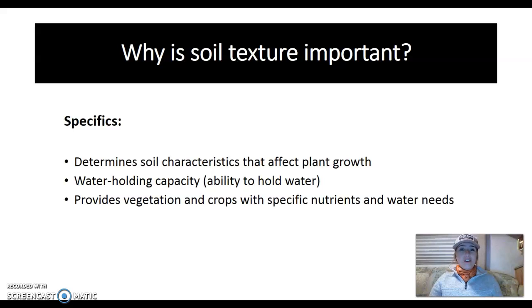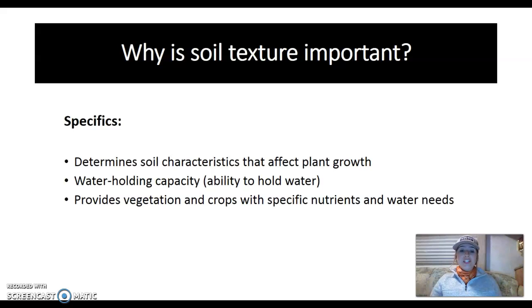Okay, so based off of everyone's responses, there were 3 specific responses that came up several times. So the reason why soil texture is important is it determines soil characteristics that affect plant growth. It affects the ability to hold water.